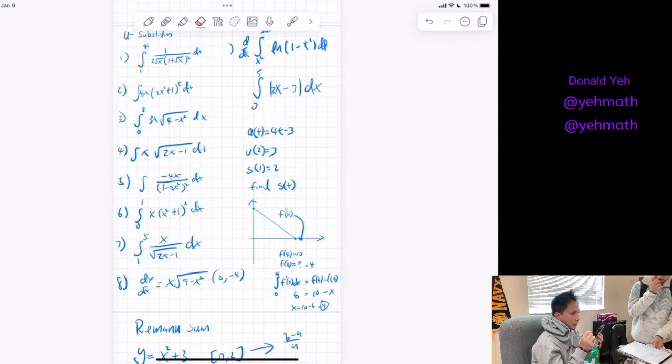You're supposed to use the middle of the intervals. The intervals are 0 to 1, 1 to 2, 2 to 3, 3 to 4, 4 to 5. So what's the middle of each? Half. So you're supposed to use 0.5, 1.5, 2.5, 3.5, 4.5.